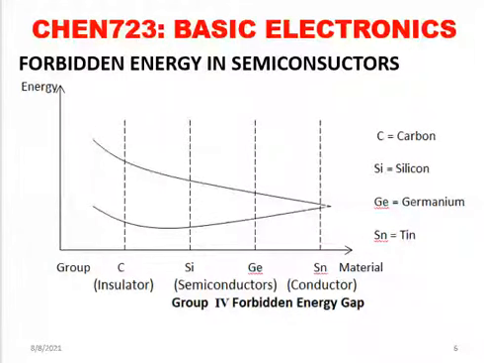As you can see from the horizontal axis, I have my carbon C, and if you look at it, the difference between the upper curve and the lower one is very wide, which means this carbon has a very large forbidden energy, and therefore we consider it to be an insulator. But as you go beyond that, you have silicon and germanium next to it.